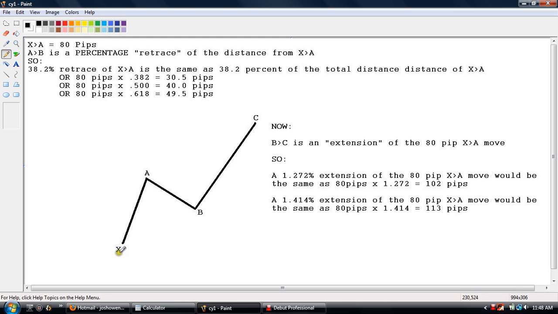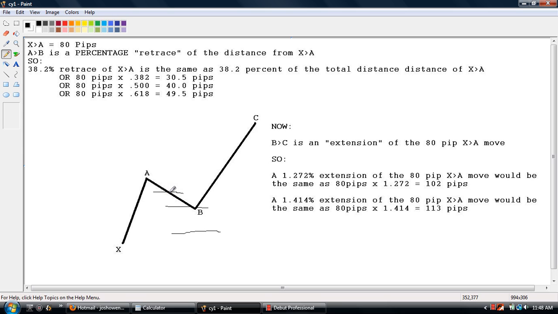Now, in our example here, I've got X to A as 80 pips. So this distance here is 80 pips from X to A. Now, in order to qualify for a cipher pattern, it has to be a 38, 50, or 618 retrace back into the X to A leg. And we know it can't close below this 618. Okay?